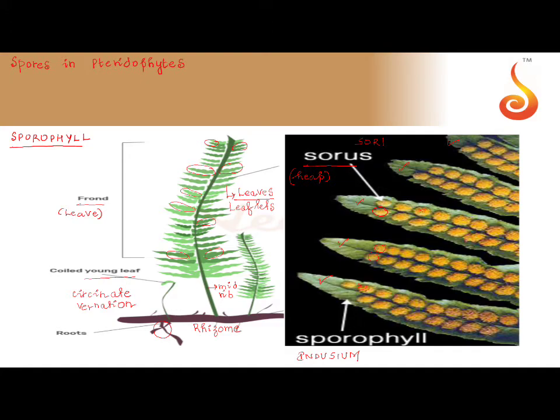So naturally, if these spores are microspores, what do I call the leaves as? Microsporophyll. We just add the prefix micro if it is a male spore. We just add the prefix mega if it is a female spore. So the leaves which bear the megaspores would be megasporophylls.